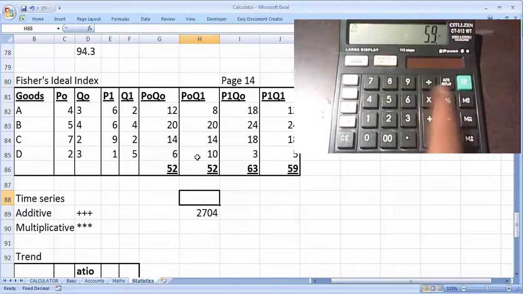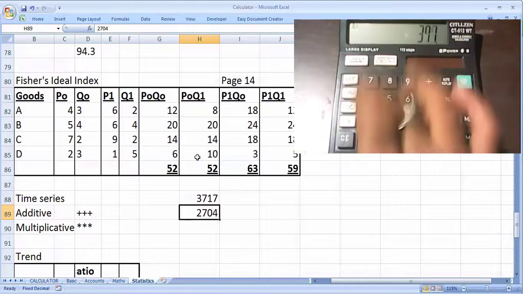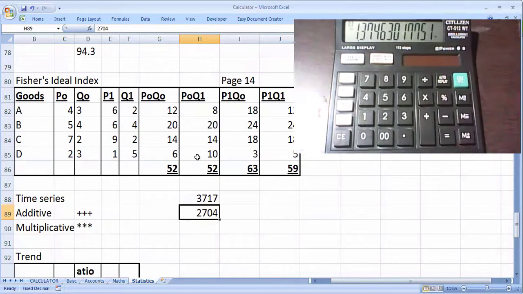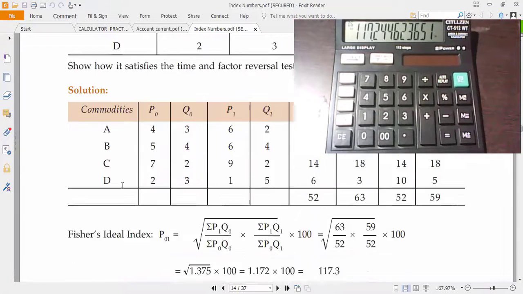Now take out the MRC 63, into, put equals, 3717 is the numerator value. Now it is very easy, right? 3717 divided by 2704 equals 1.3. I think we need to find the square root, right? Yeah, square root. Then into 100 will give you the value.